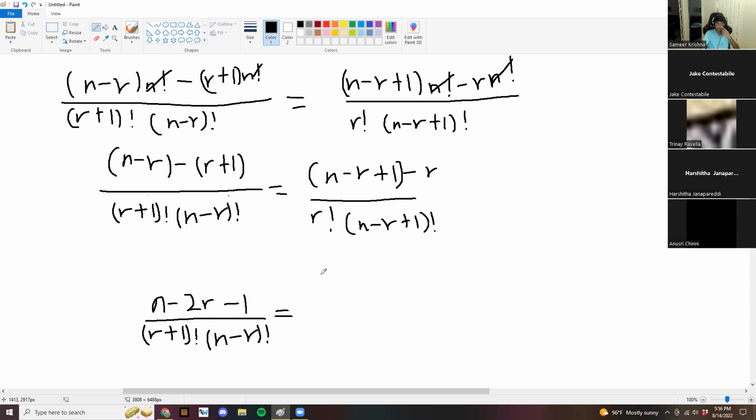And you can simplify this out and you would get n minus... wait, what? Okay, I'm doing all right. So n minus 2r plus 1. You get that and that.